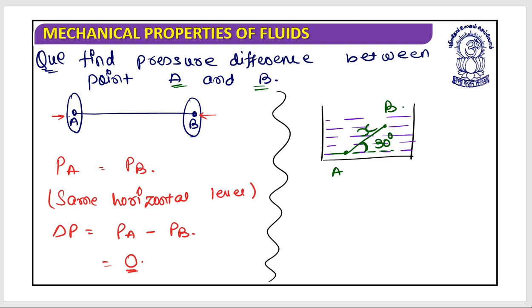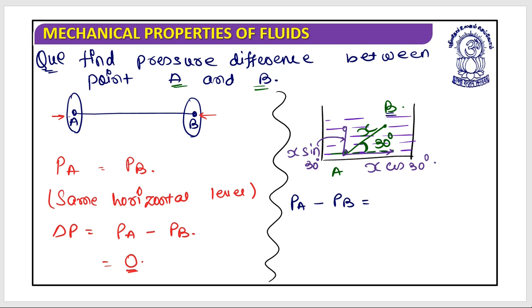So when I write the pressure at A and the pressure at B, how will I do this? What do you think? This is x centimeter, so if it is the dimension, this is x cos 30 degrees, while this height will be x sin 30 degrees. So it is basically the pressure at A minus pressure at B. The P0 has been cancelled out.